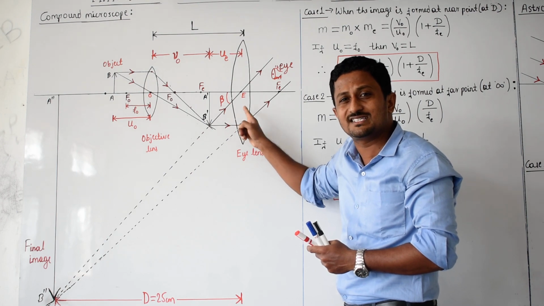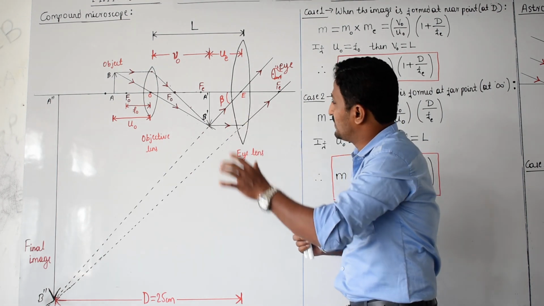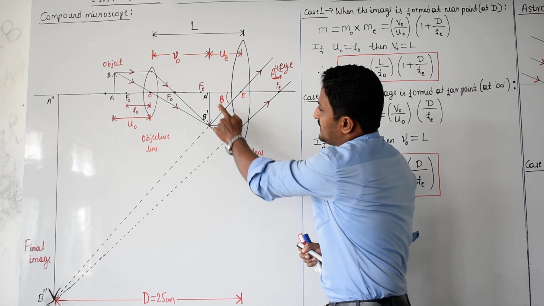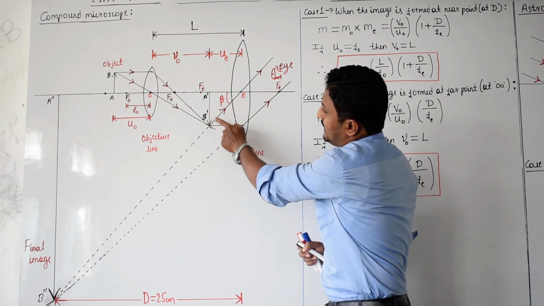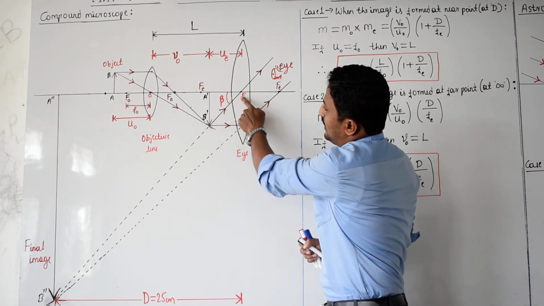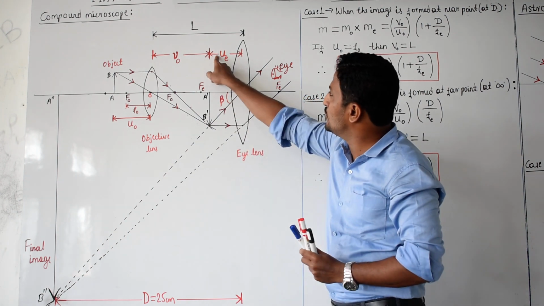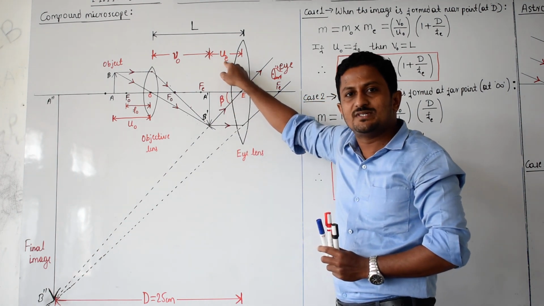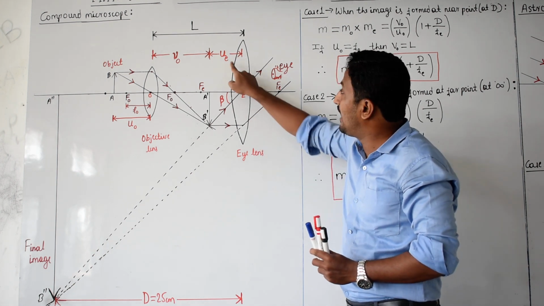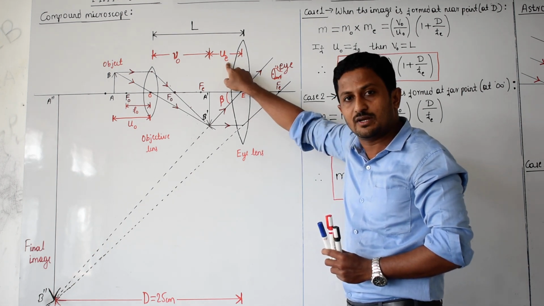That's why I mentioned here the distance between this A dash B dash and the optical center E as UE, the object distance for the eye lens. Getting what I mean to say?